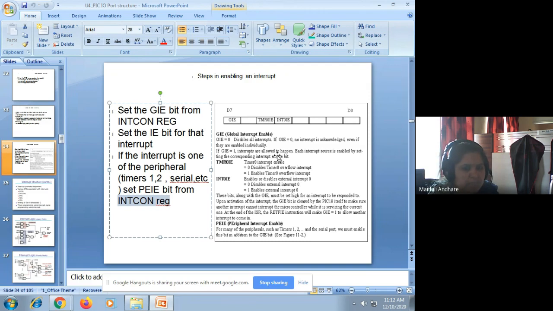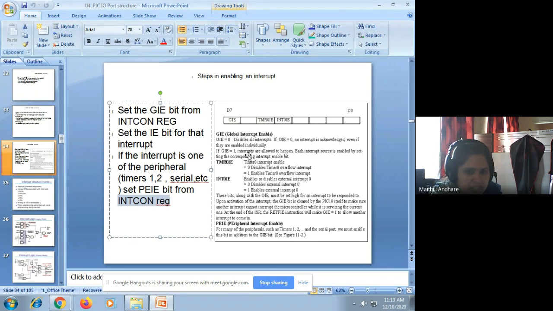One interrupt enable bit is the global interrupt enable, which is available to all the interrupts, and each interrupt has an individual enable bit. Suppose I want a timer 0 interrupt, and I have enabled the individual timer interrupt enable bit, but the GIE bit is 0, still that interrupt cannot be acknowledged. Means first of all, the GIE bit should be 1, and then you have to enable the individual interrupt enable bit.